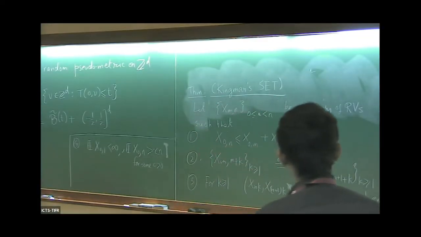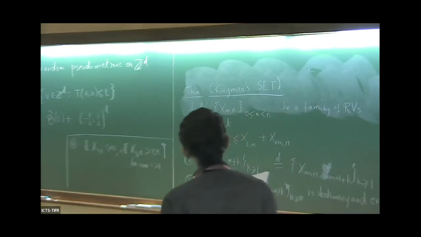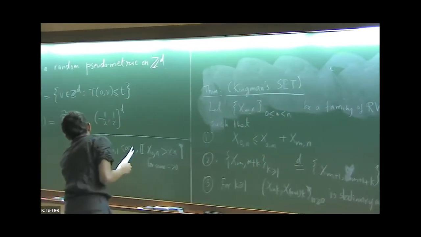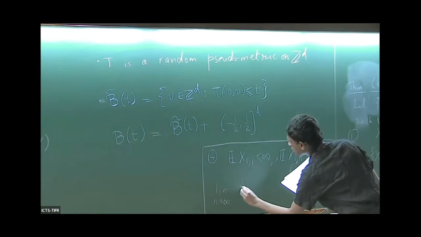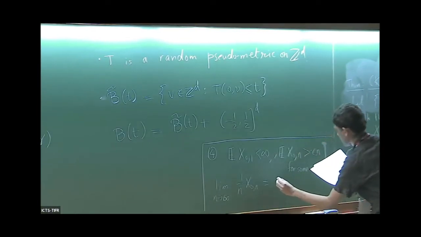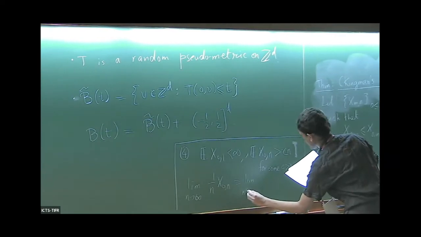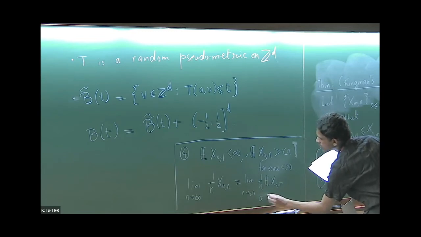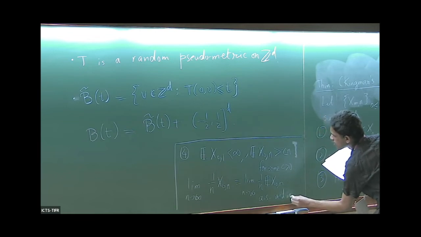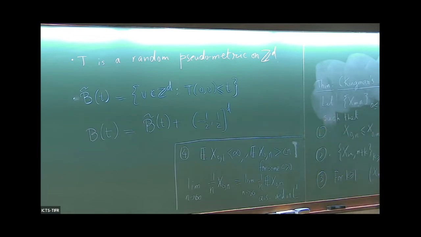So these are some technical assumptions, and under these assumptions, the conclusion is that the limit as n goes to infinity... Okay, so if you have these four conditions, then x0n, if you scale it by n, will almost surely converge to a constant.